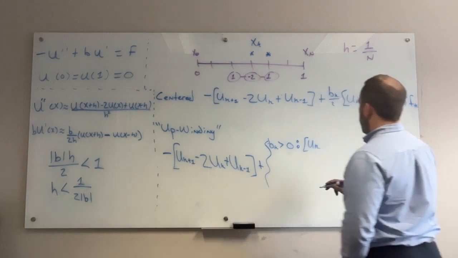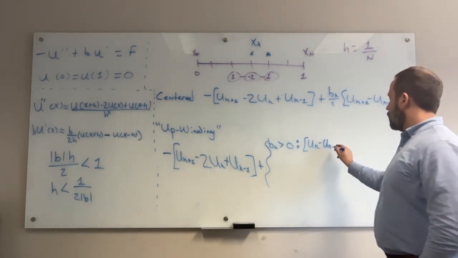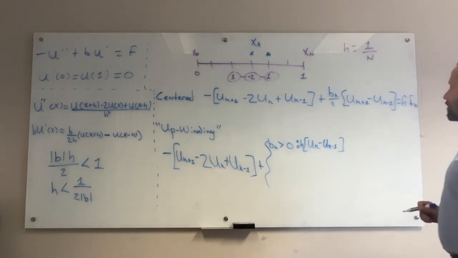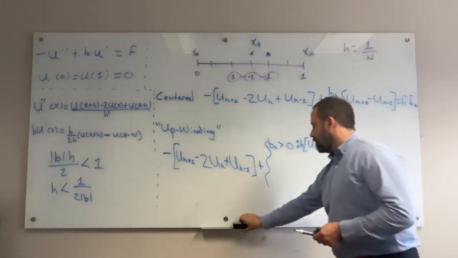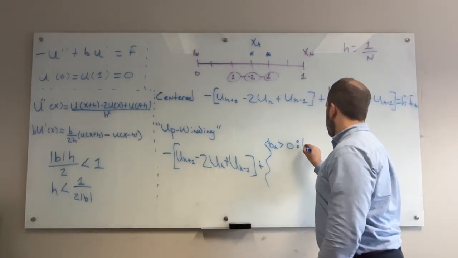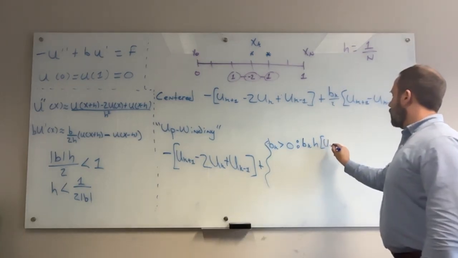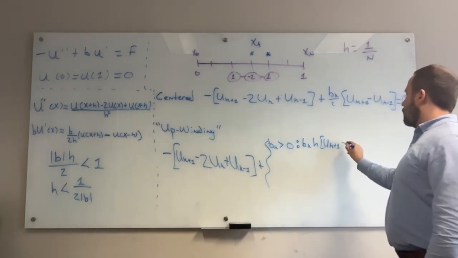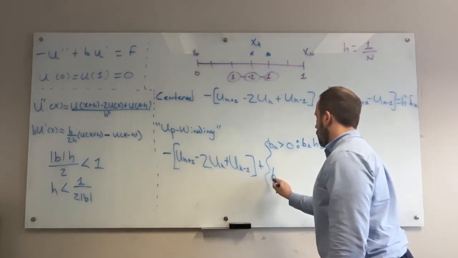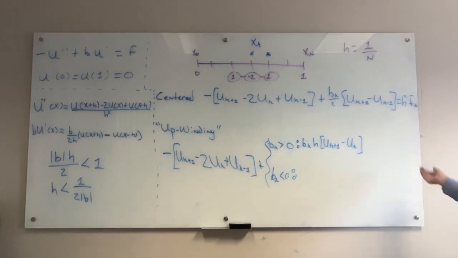Okay, we're going to have u_k minus u_{k-1} times b_k times h, and if b_k is less than 0, we're going to do the last one that we just looked at.